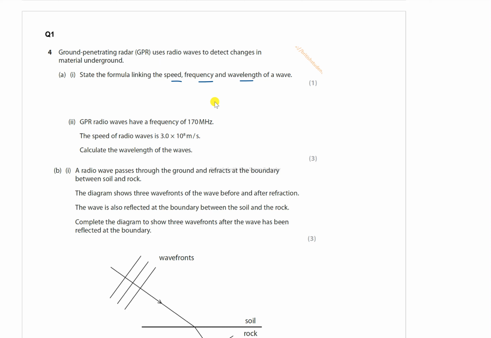So actually learn both the word version and the symbols. Speed is frequency times wavelength. Wave speed is lambda, it's a Greek letter.